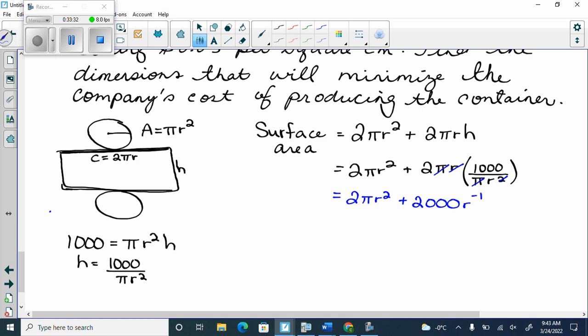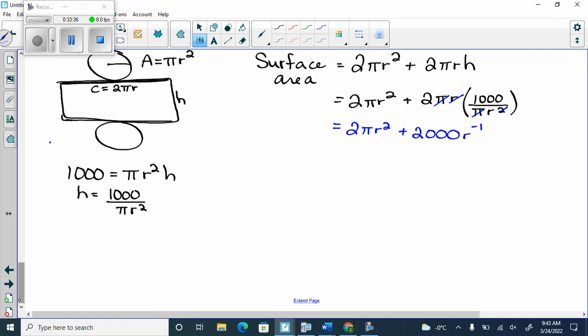Why am I going to write it as r to the negative 1? Because it's a heck of a lot easier to do the first derivative. If I have r to the negative 1, I can use power rule. If I leave r on the bottom, I'm going to have to use quotient rule. Now that would be the surface area, which is great.